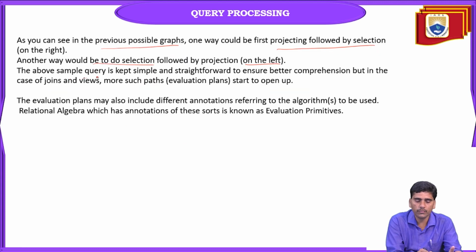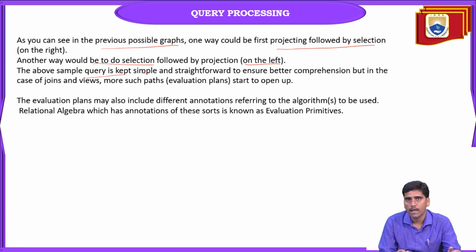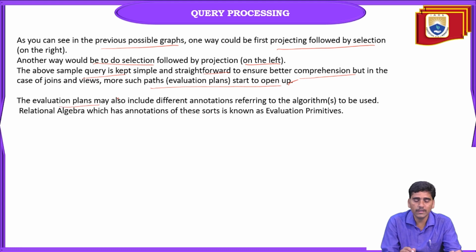The above sample query is kept simple and straightforward to ensure better comprehension, but in the case of joins and views, more such paths start to open up. The evaluation plans may also include different annotations referring to the algorithms to be used.